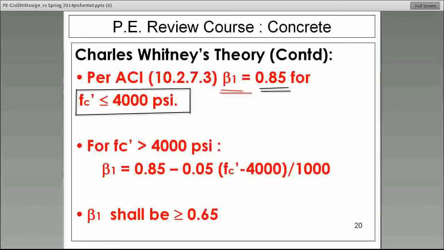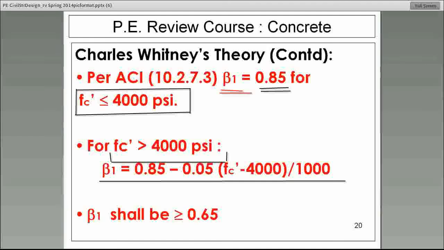However, for concretes that have a compressive strength higher than 4,000 psi, then you can use this equation to calculate the corresponding beta 1, or I'll just explain it to you in words. Beta 1 reduces 0.05 for every 1,000 psi of increase.